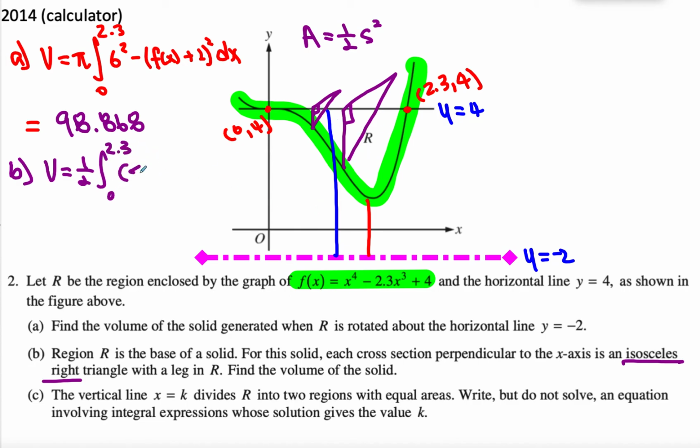Top is what? 4 minus the bottom, f of x. So that is the length of a side, top minus bottom. And then we have to square that, because we're squaring it, over dx. Then let's see what we end up getting.